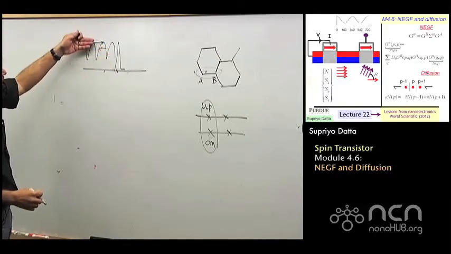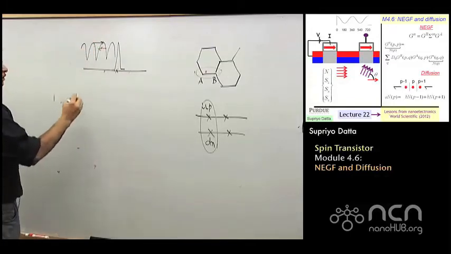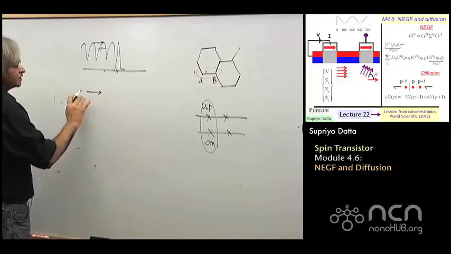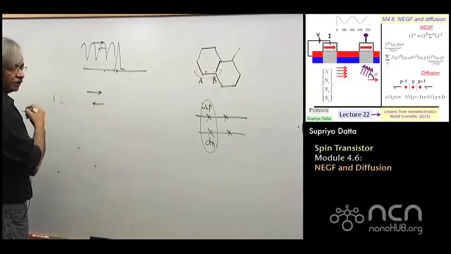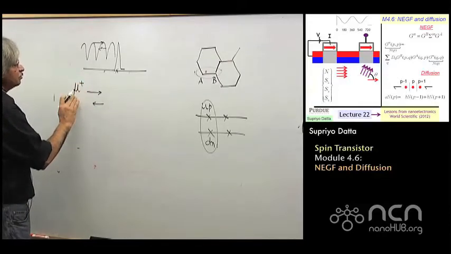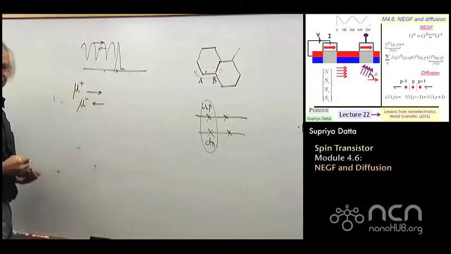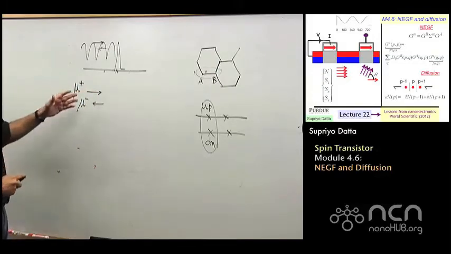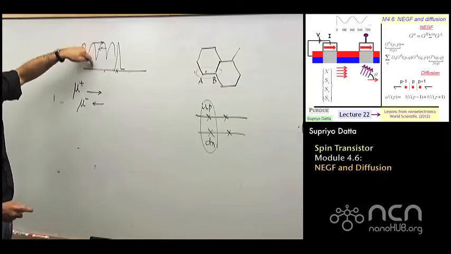And of course, if you just thought of electrons as particles, you would have said, well, there are some positive going electrons and some negative going electrons. And you could think of the chemical potential mu of positive going as mu plus and those of negative going as mu minus. See? So how do you understand this kind of thing, where the mu is actually going down?